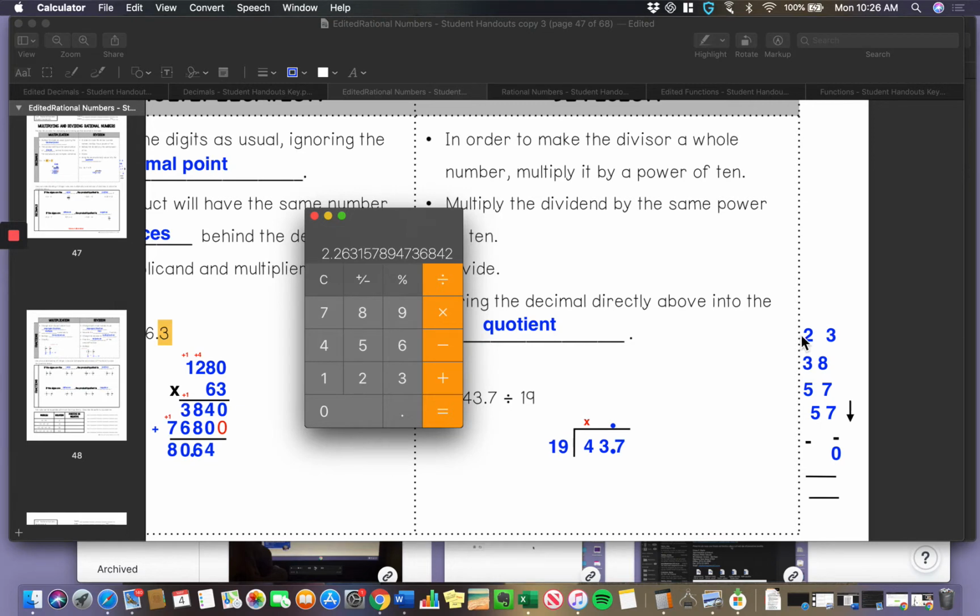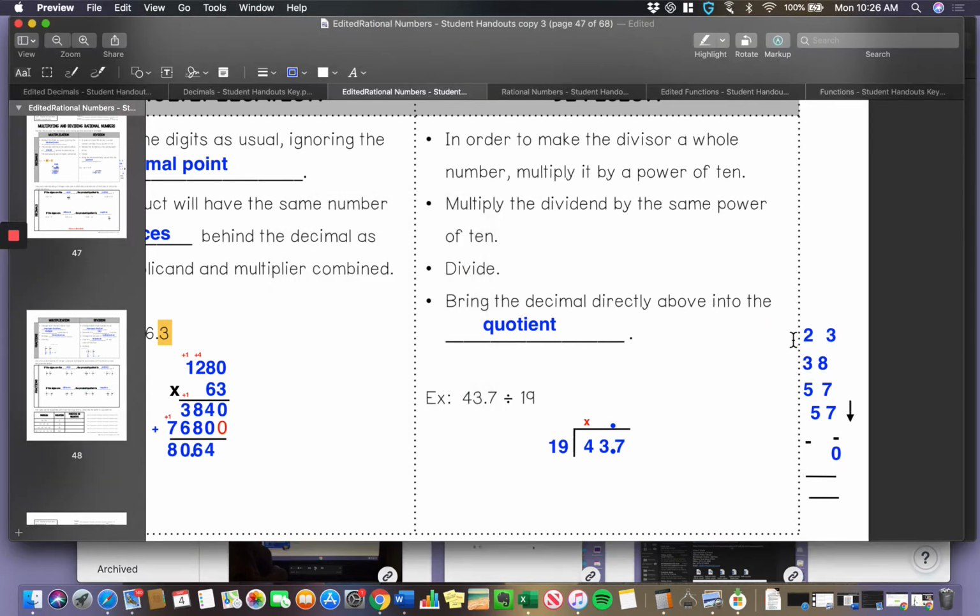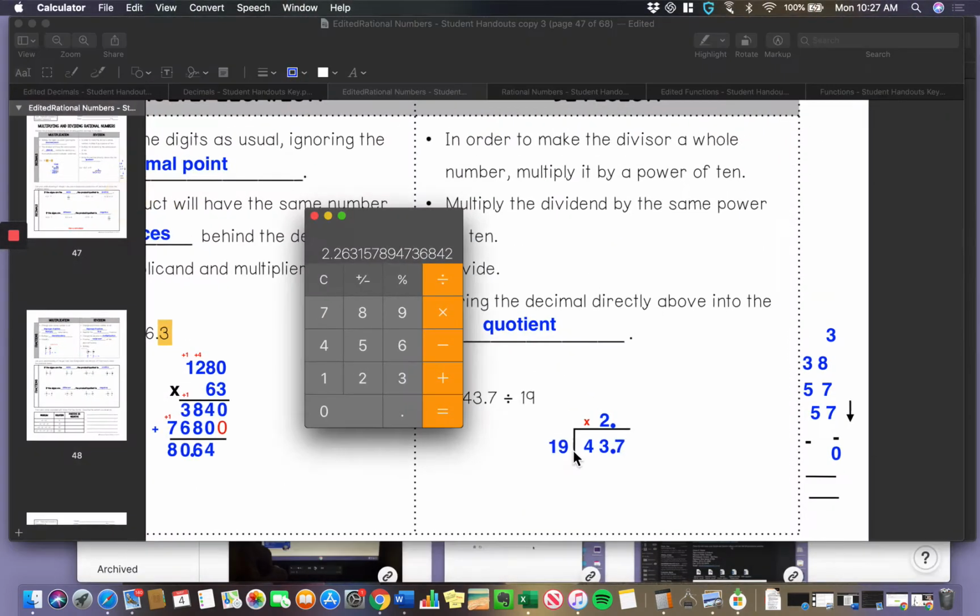So I know it can go in 2 times. So I've divided. Now I can multiply. 2 times 19 gives me 38.